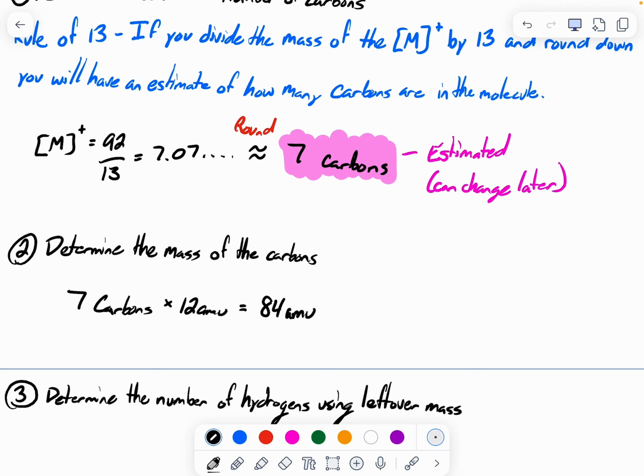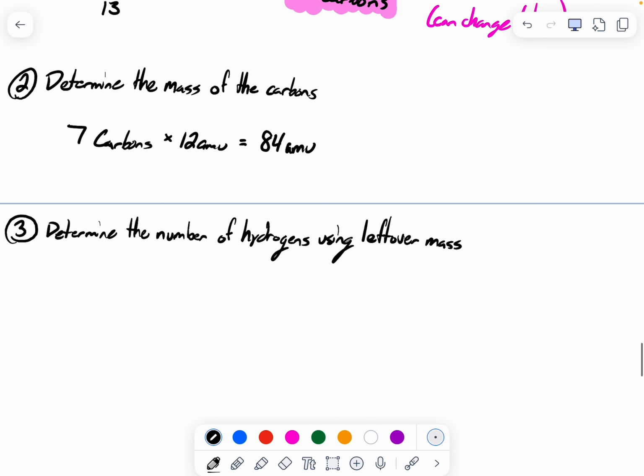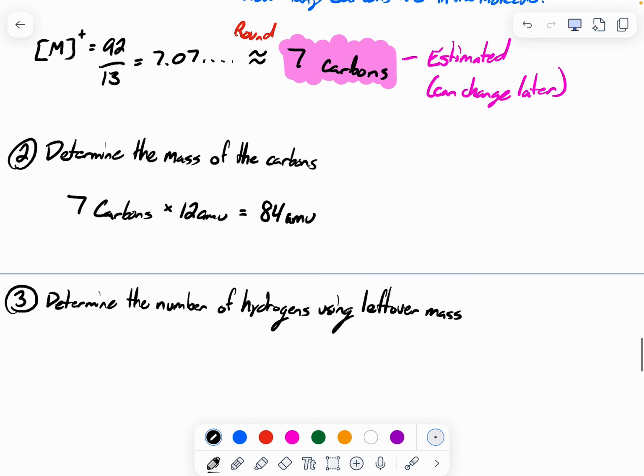This tells us that 84 of the mass units are accounted for by carbons. This also leads into what happens next: we can determine the number of hydrogens using the leftover mass. Our starting mass was 92 AMU, and we used 84 of those for our carbons.